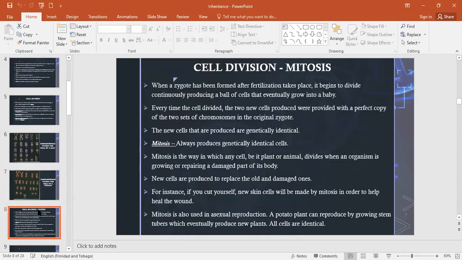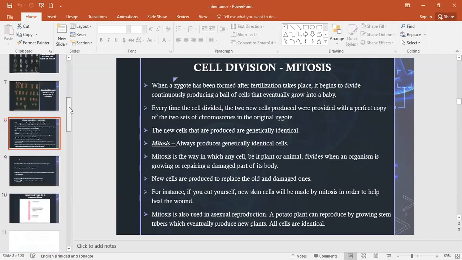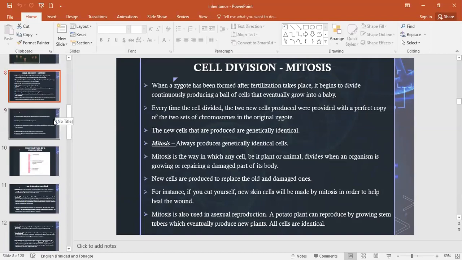All right, so let's go on to mitosis. Now, we spoke about mitosis when we did reproduction in plants and asexual reproduction. So we're just going to look at what exactly happens within a cell during mitosis. I'm going to show you the video first, and then we will move on to the actual processes of mitosis. But remember, mitosis produces what type of result?